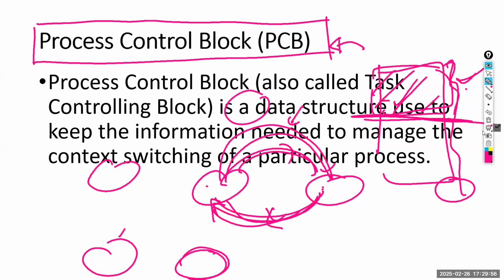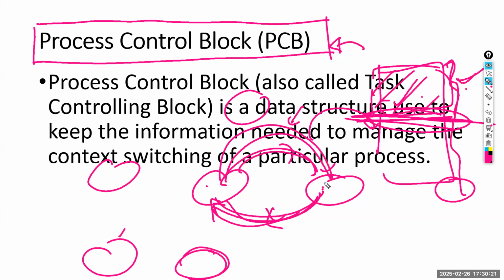So remember, context switching is good because multiple programs seem to be running, but at the same time, there's overhead. The overhead is that whenever you stop giving attention to a process, you need to save the current situation so that you can resume later. That is an additional burden.